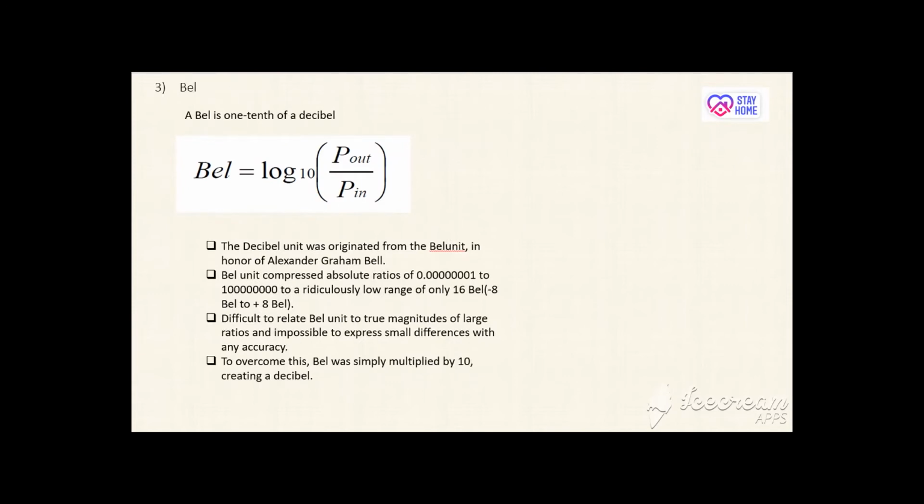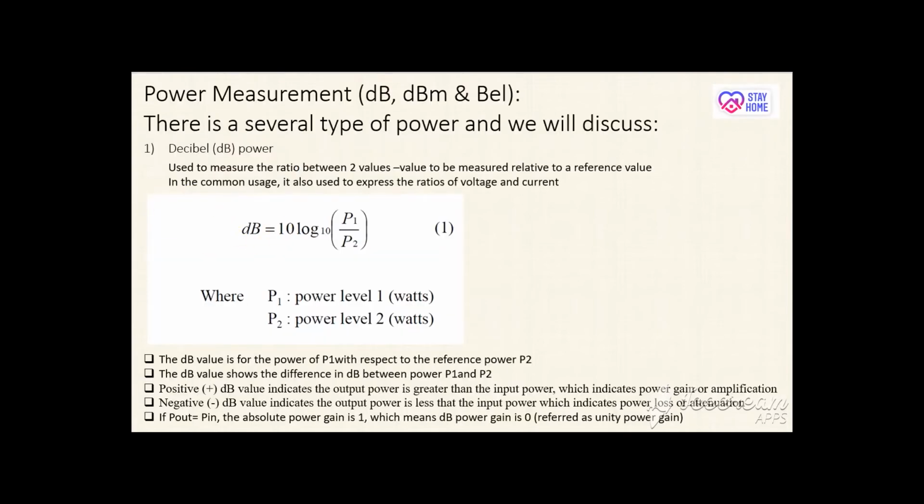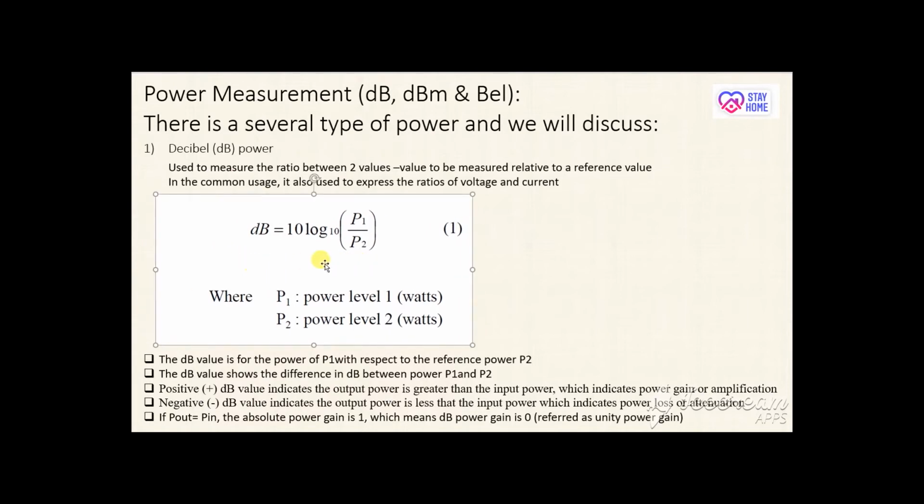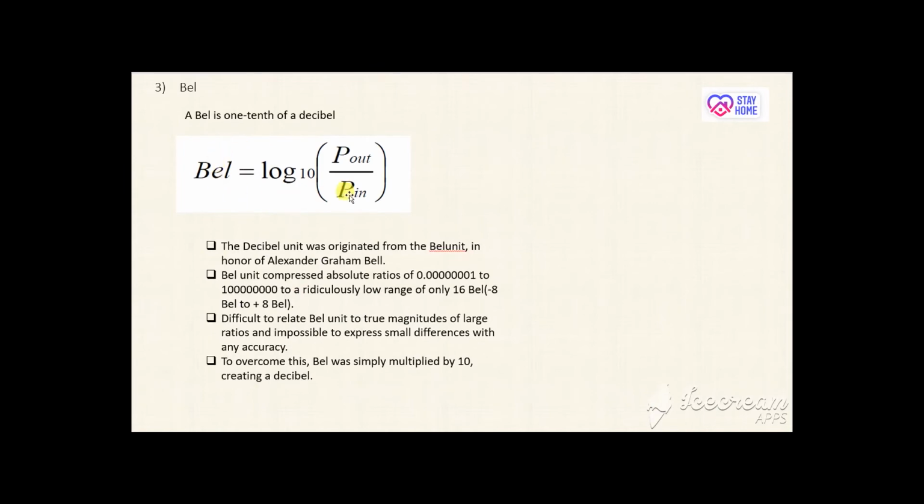The last type of power is bel, and a bel is 1/10 of a decibel. So we just change the equation, we divide it by 10, and the 10 in this equation cancels out with the 10, and the equation will come out like this.